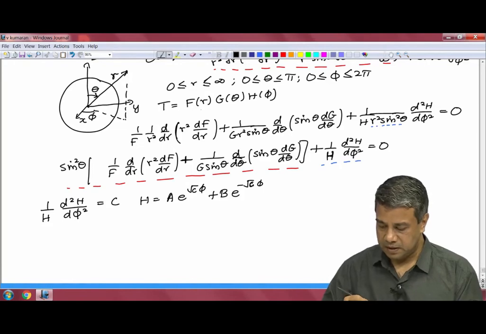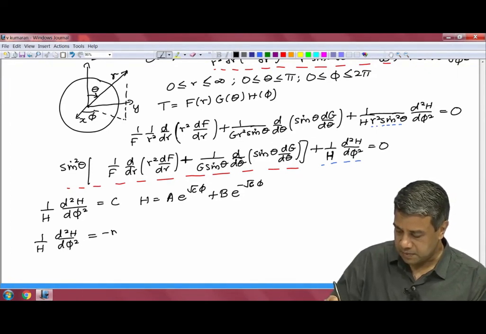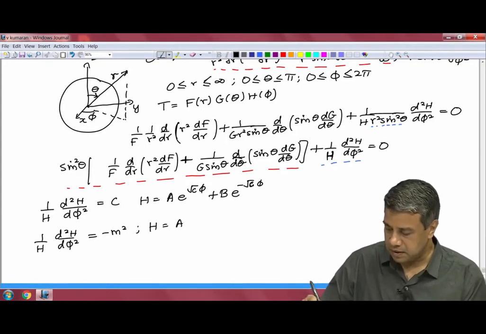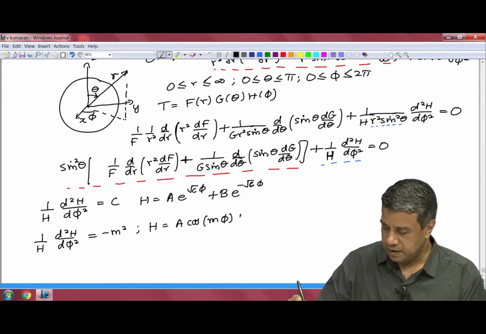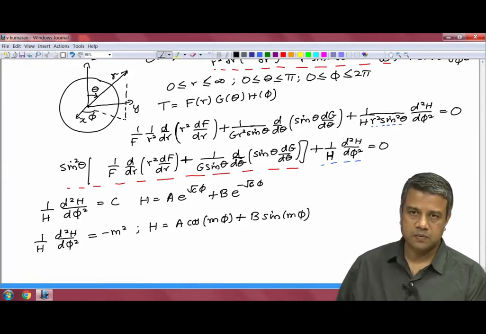On the other hand, if that constant is negative, equal to minus m square, then h is equal to a cos of m phi plus b sine of m phi. These are the two possibilities.